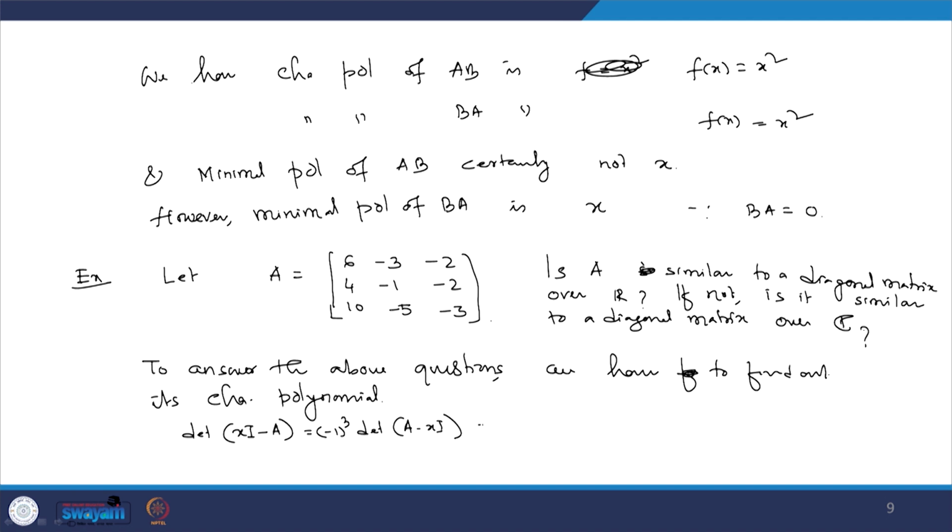So, this is equal to (-1)^3 times the determinant of [6-x, -3, -2; 4, -1-x, -2; 10, -5, -3-x]. Evaluating this quantity, I can write straight away that this is equal to (-1)^3 times (x^2 + 1)(x - 2).